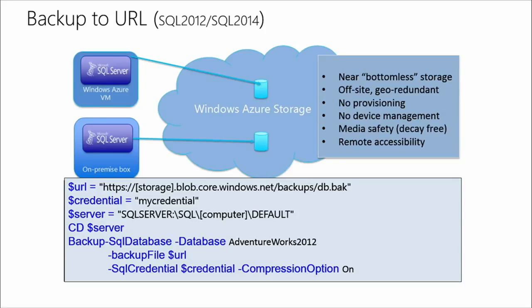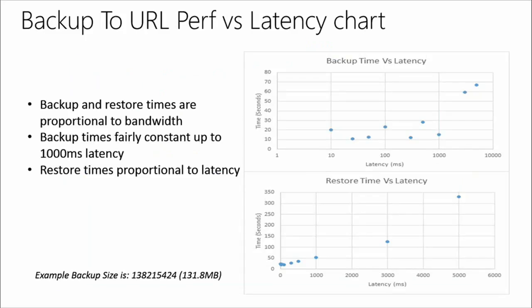On the flip side, there are also caveats or limitations to this feature, of course. As you mentioned, performance is one part. What I'm showing here is a particular test that we have done. It depends on the characteristics of your network.